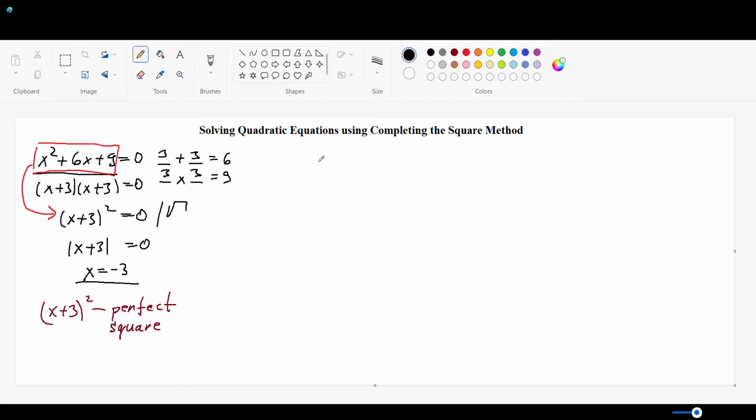But let's have a look at the equation x squared plus 6x plus 7 equals 0. Now the question is, are you able to find a pair of numbers which add up to 6, and if we multiply them, the product will be 7?